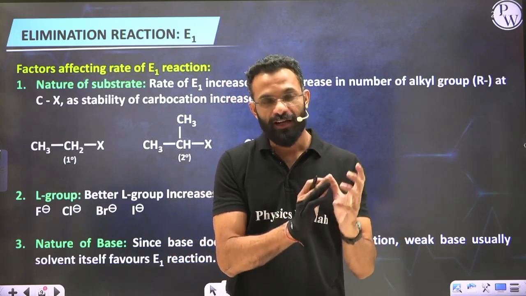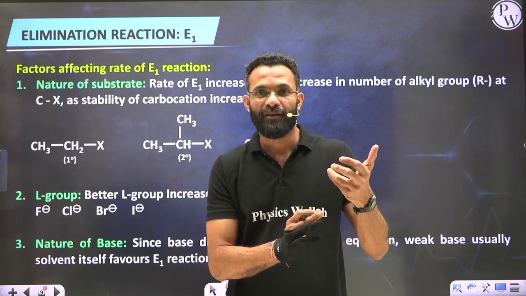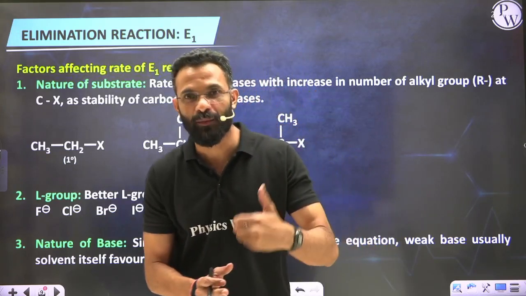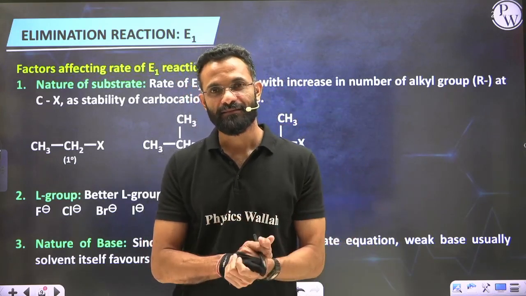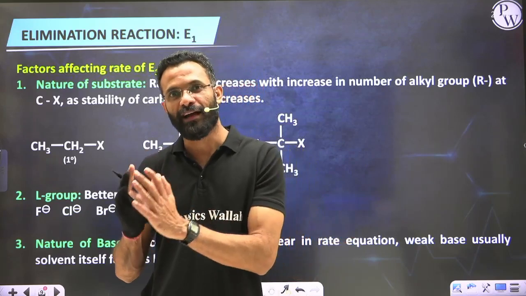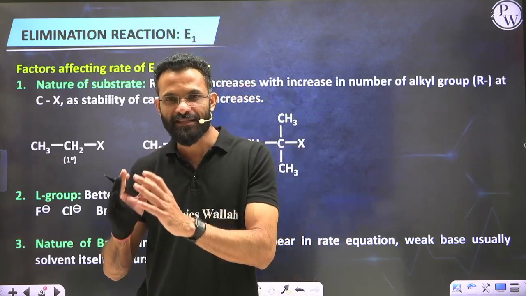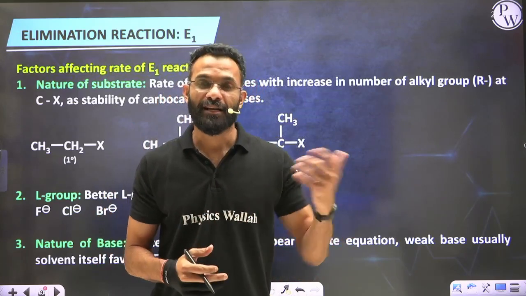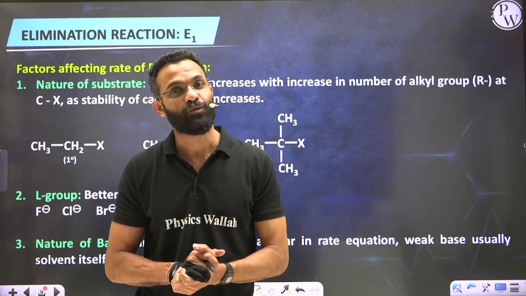And whichever carbocation is more stable, obviously the rate of reaction towards such a substrate is going to be higher, which means the substrate should be such that after dissociation of a carbon halogen bond, the corresponding carbocation formed should be more stable.